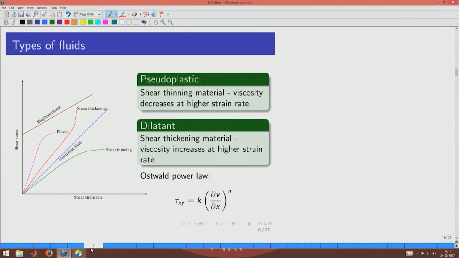Okay. So, there are other kinds of behaviors also, for example pseudoplastic, which is shear thinning, as we indicate here, and dilatant materials, which are shear thickening. These materials are such that at low strain rates you may see the proportionality, but at high strain rates you would see that the shear stress required is either lower or higher compared to the proportionality, which means that it is going to be modeled using a power law.